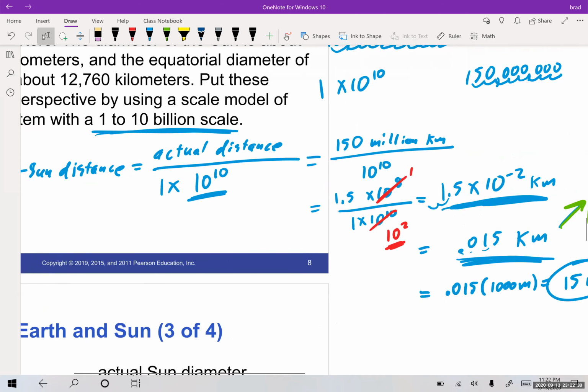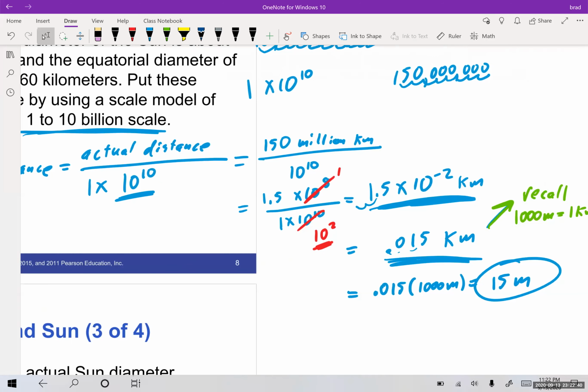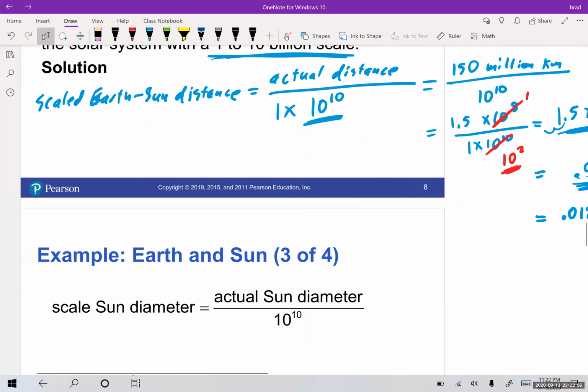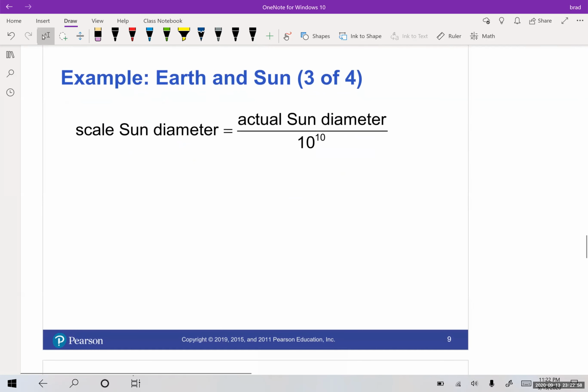So 15 meters is about 45 feet. We could use a football field to express it, or maybe a playground or somebody's backyard, to show how far this actually is in terms of scale, okay?